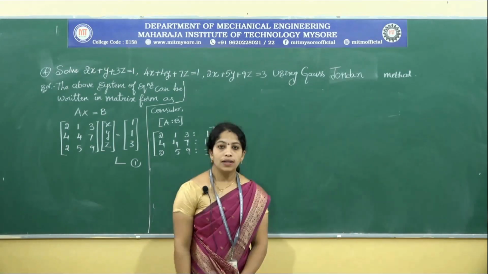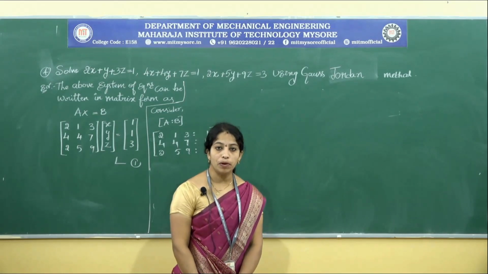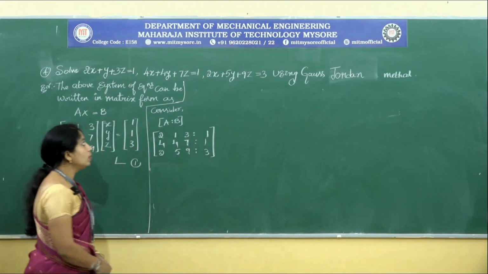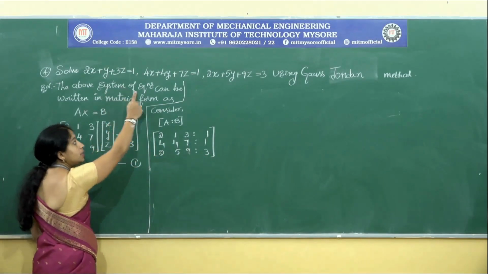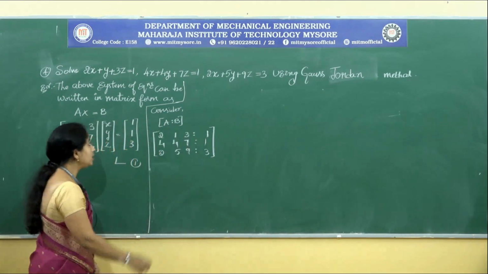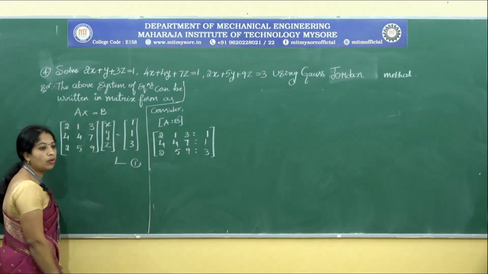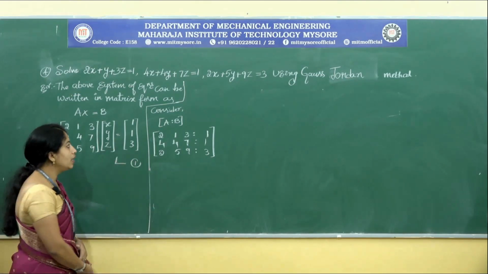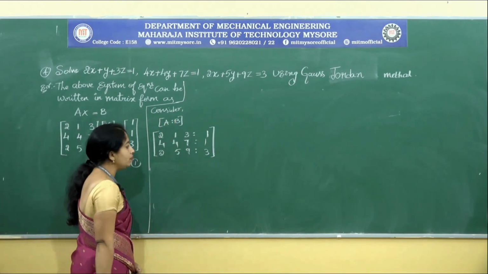Now, let us solve the same problem by using Gauss-Jordan method. We have to solve this system of equations by using Gauss-Jordan method. In the solution, write the given system of equations in matrix form, that is Ax equals b. Consider an augmented matrix.